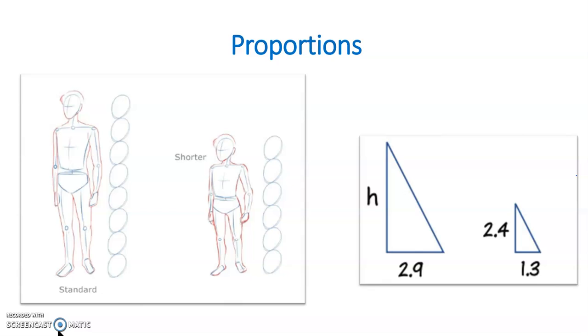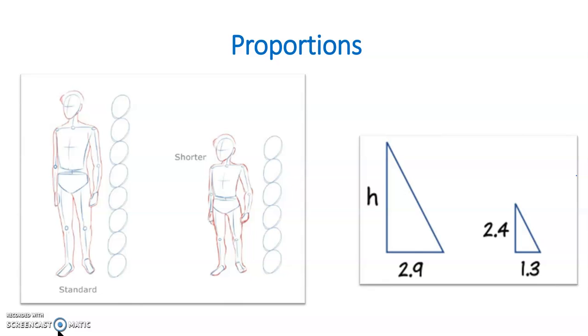But if they want to make the person shorter, then what they do is they decrease the number of heads or the height of the person, but still the body size is proportionate. So even though one is taller and one is shorter, proportionately their bodies look very similar.